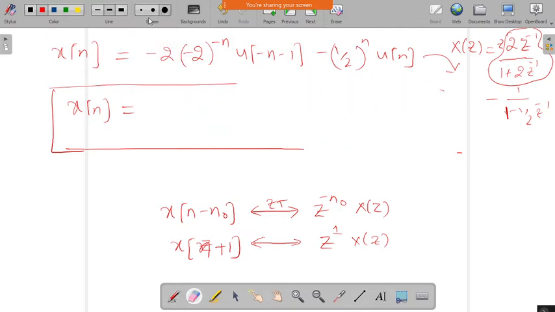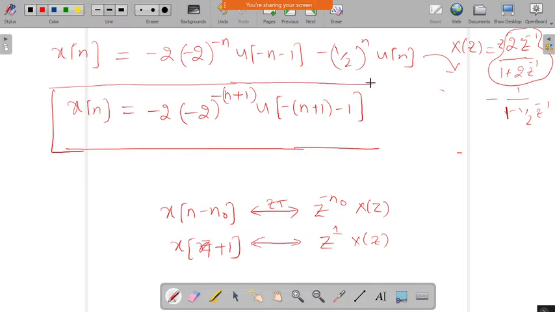If I do that, minus 2 power minus n, so wherever n is there, you put n plus 1, minus 2 power minus of n plus 1, u of minus of n plus 1 minus 1. Is it fine? Understood? Yes, sir. Minus half power n into u of n.